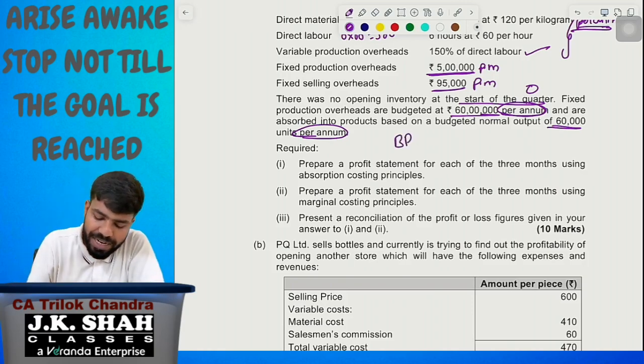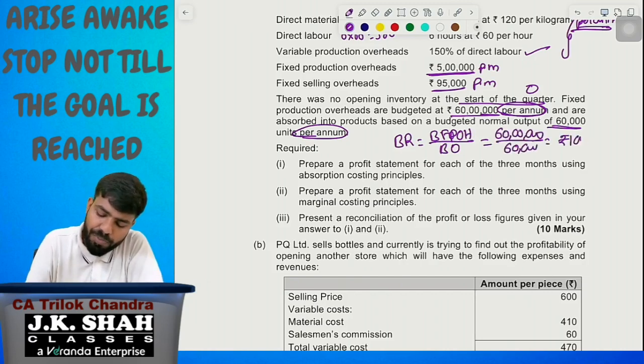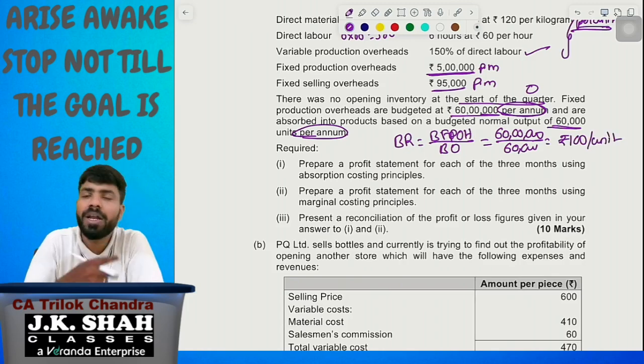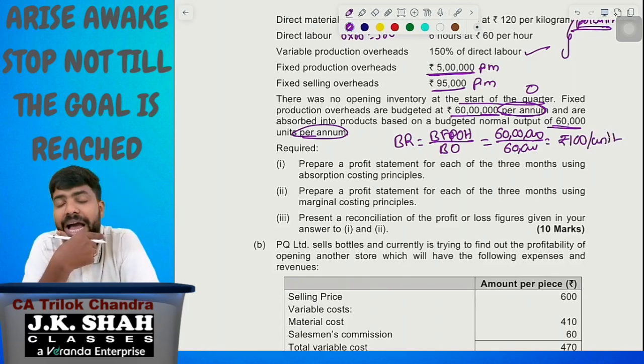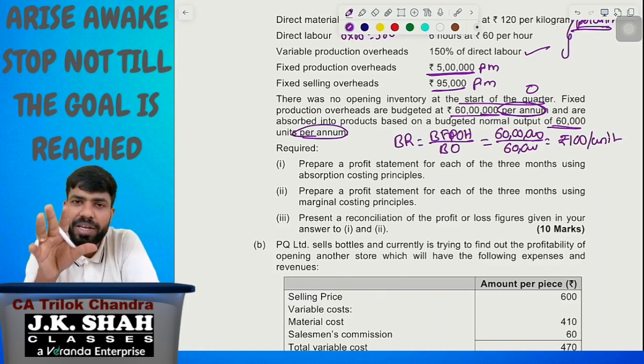What is the formula for the budgeted rate? Budgeted rate equals budgeted fixed production overhead divided by budgeted output. So 60 lakh rupees divided by 60,000 units equals 100 rupees per unit. That is the absorption rate.